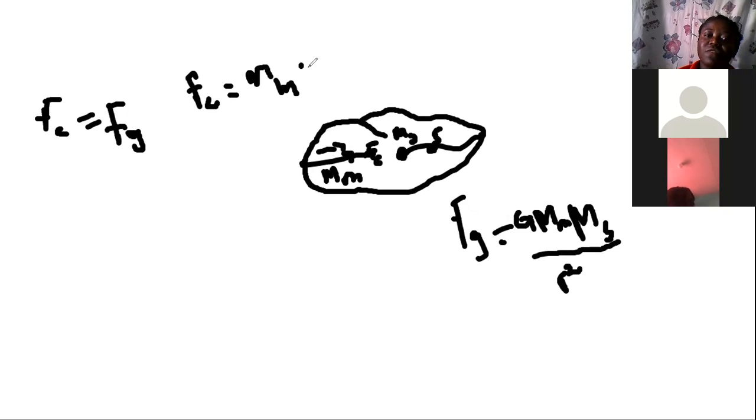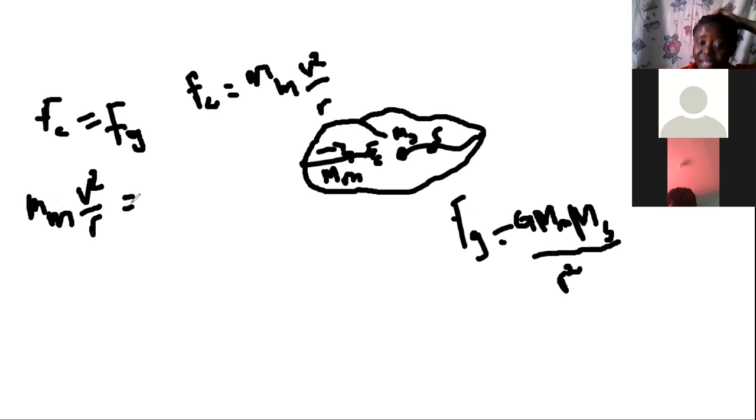Divided by the radius of the circle, so between that and there. So if we put that into the equation, we have the mass of the moon times the velocity it is rotating with squared, divided by the distance from the center.